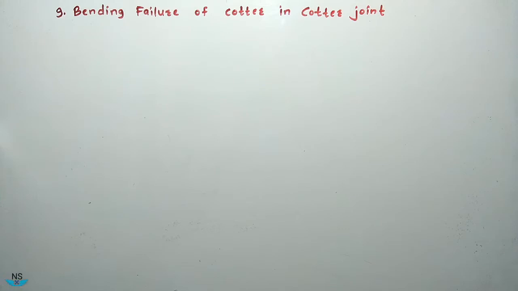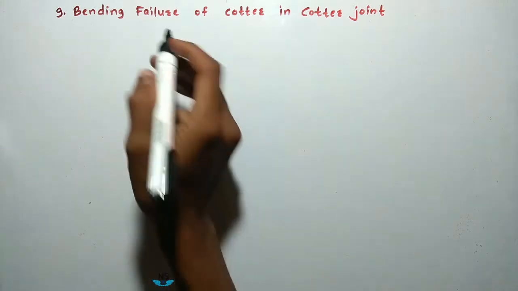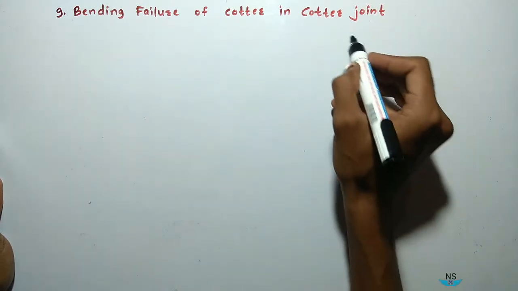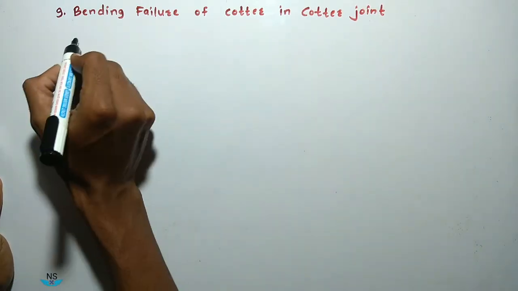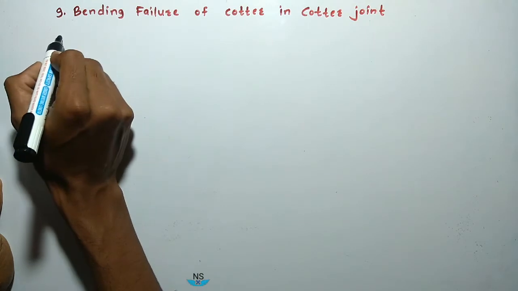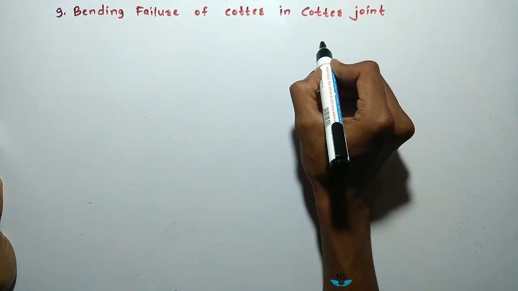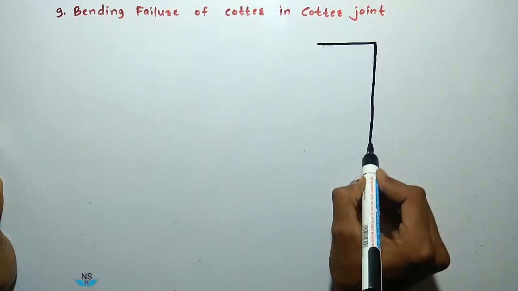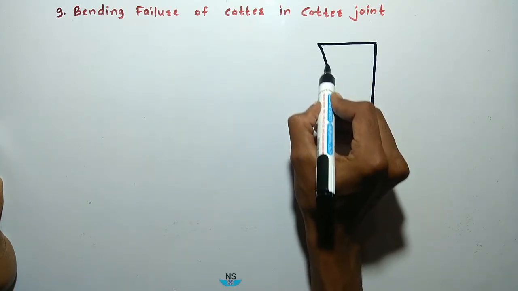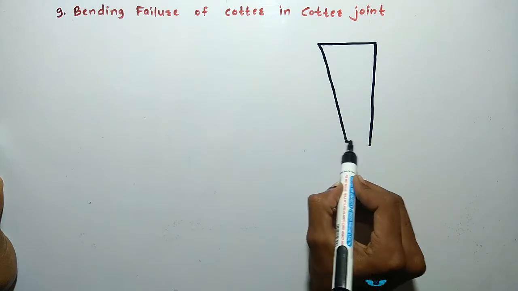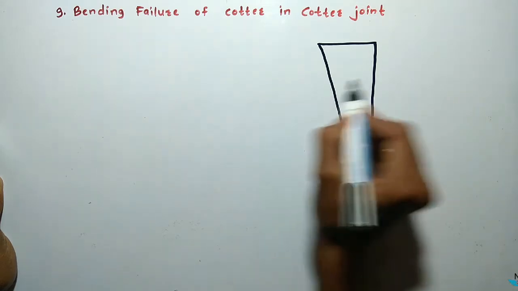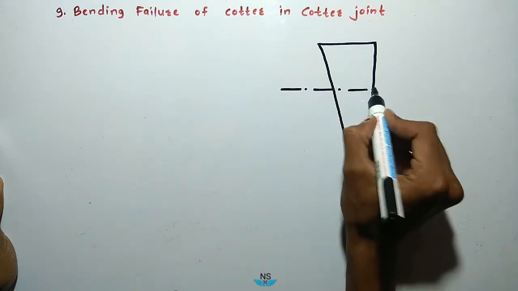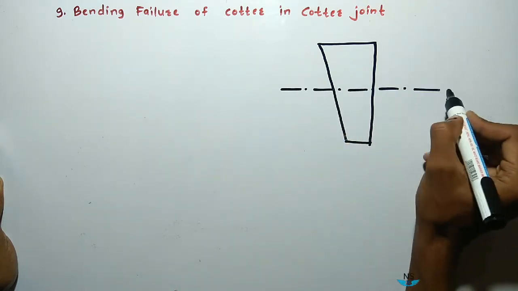Now we know the force balance of quarter joint. This is a quarter joint. This is quarter in quarter joint. This is the quarter. And this is the center axis of quarter joint.